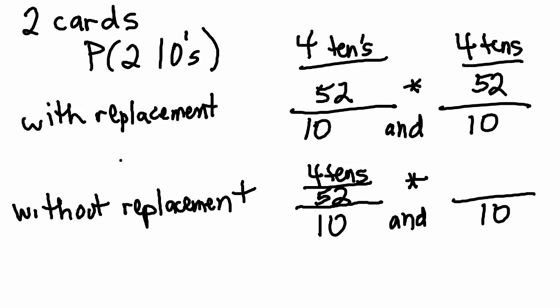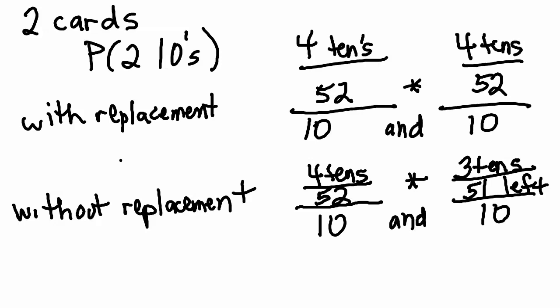So now there's only 3 10s left because you didn't put that 10 back. So that's going to go down by 1, and your total is going to go down by 1 because there's only 51 cards left. So you always assume you get what you want. So on that first pick, you got a 10. You don't put it back. There's only 3 10s left.